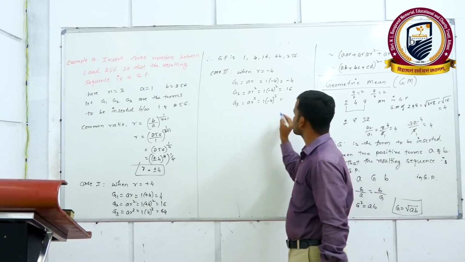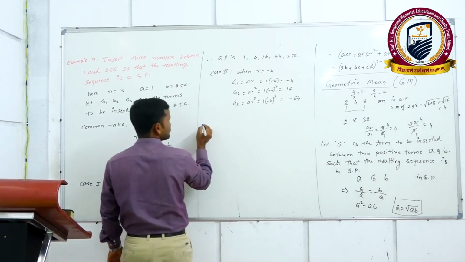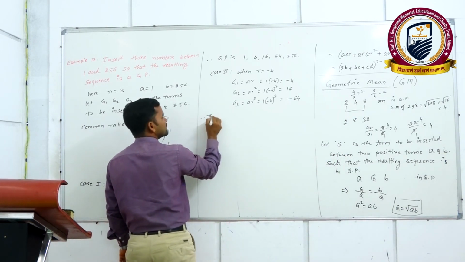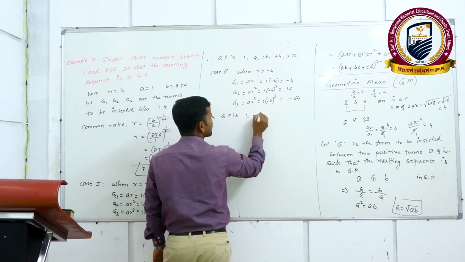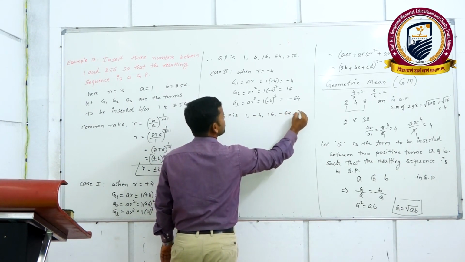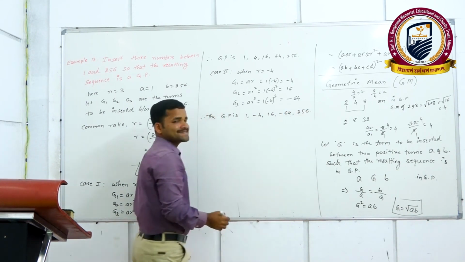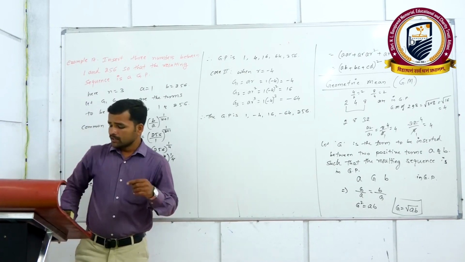Minus three times becomes minus 64. Okay, 3 terms we found. Therefore, the GP is 1, minus 4, 16, minus 64, 256. This is how we should work with inserting terms.